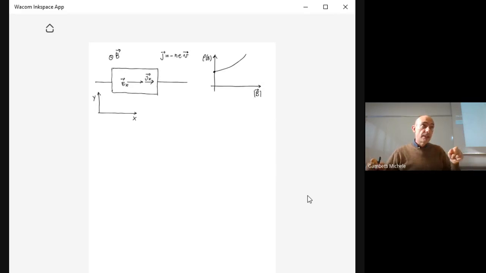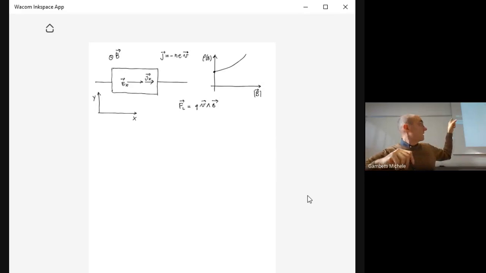Then what happens to the electrons due to the presence of the magnetic field? Due to the magnetic field, we have the Lorentz force on the electrons. The general expression is that. The velocity of the electron is, with respect to that diagram, to the left. B is orthogonal. So in principle, the force should be upward, but there is the minus sign of the electronic charge, so the force is downward.